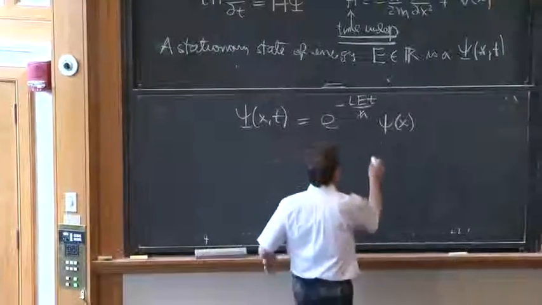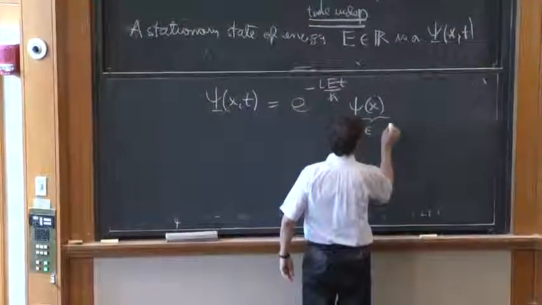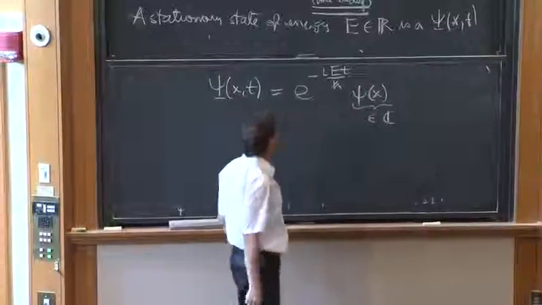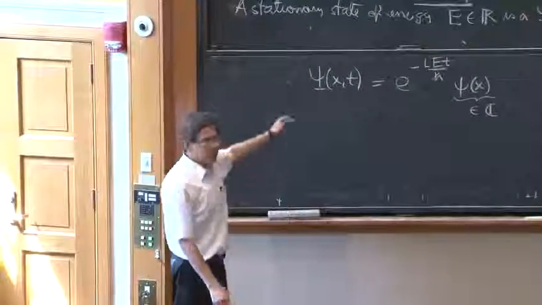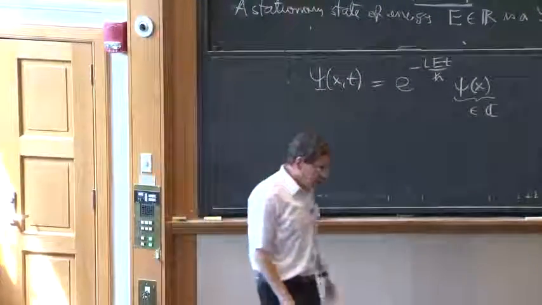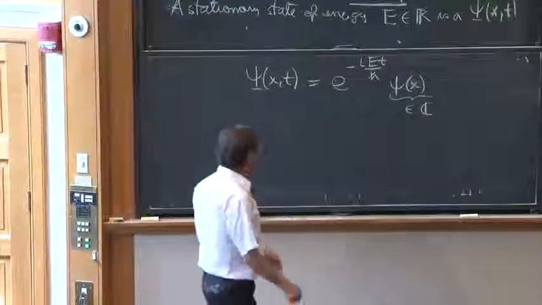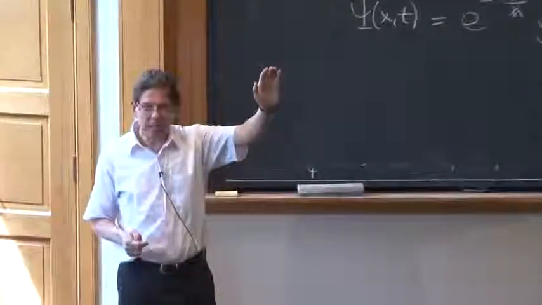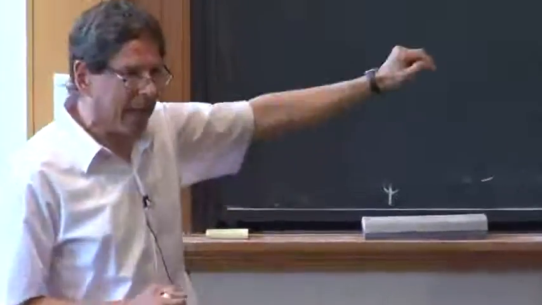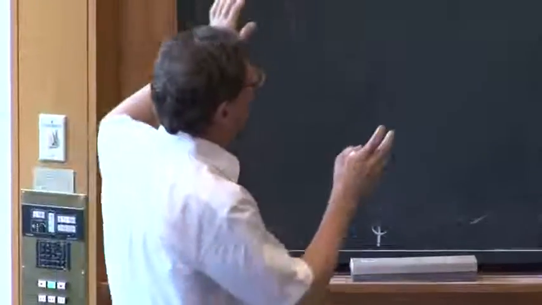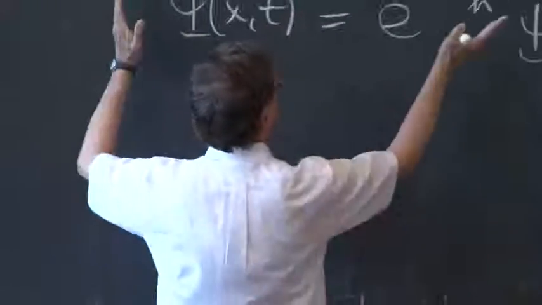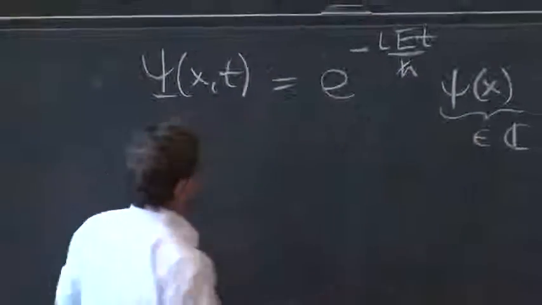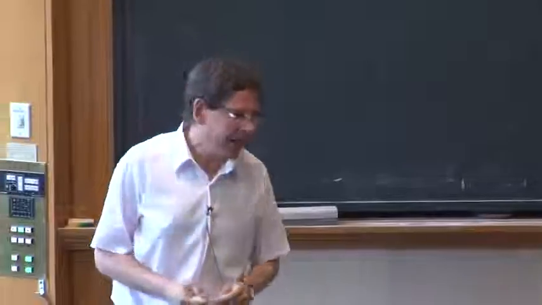So this also belongs to the complex numbers, but doesn't depend on time. It's called stationary because, as it turns out, when we compute expectation values of any observable in this stationary state, it will be time independent.